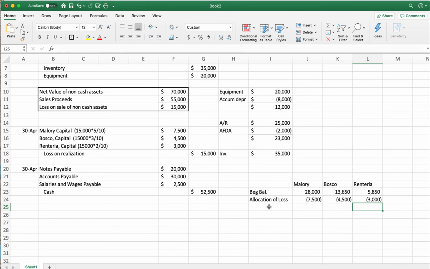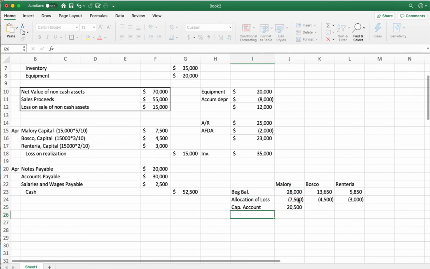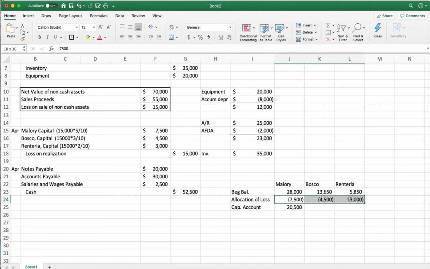The next thing we need to do is figure out what is their capital account value now. And all we do, since I have a negative, I'm going to go ahead and add all these up.